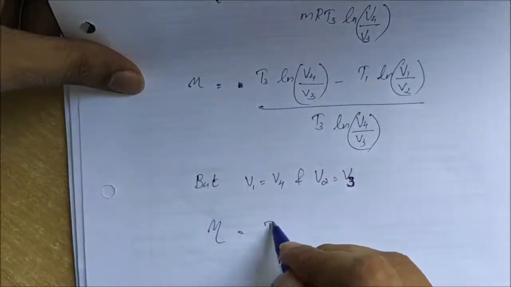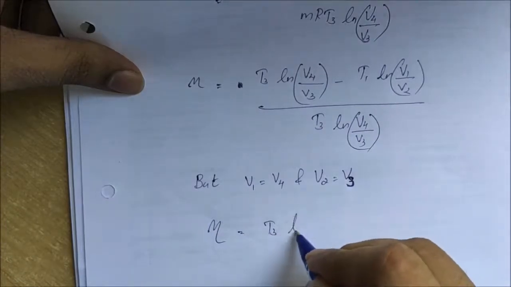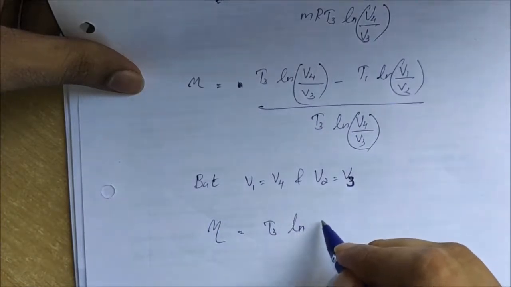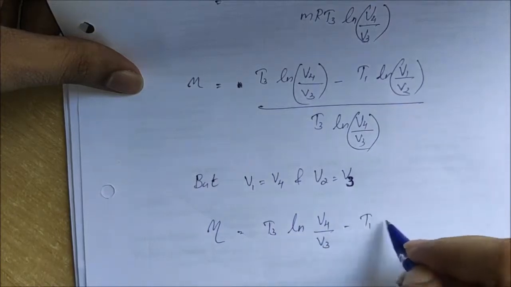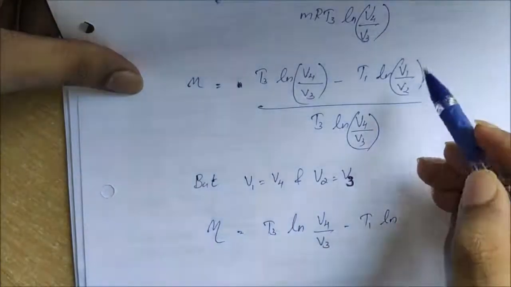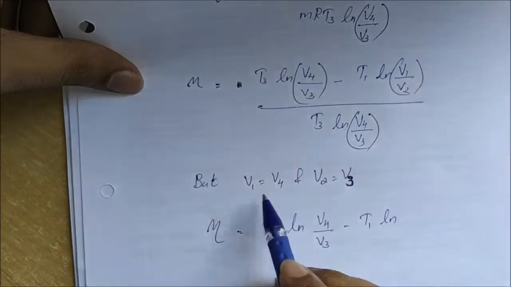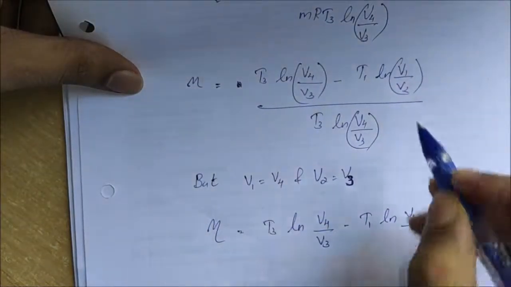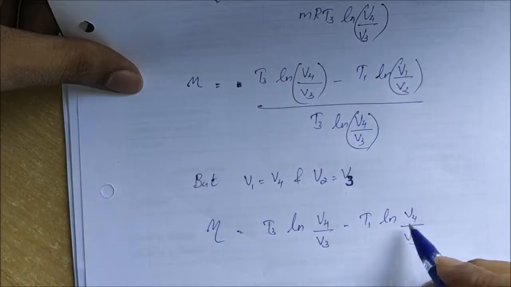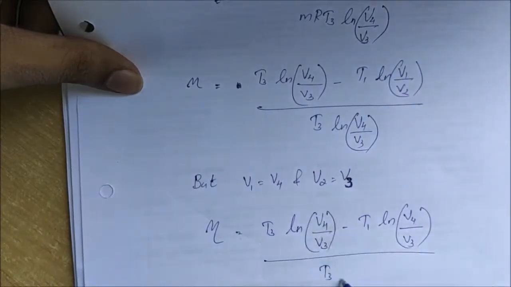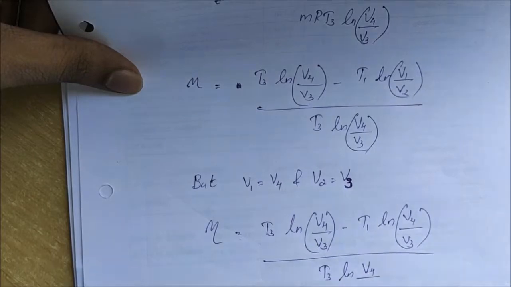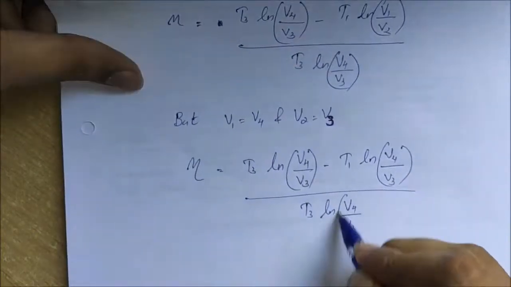So efficiency is equal to T3 into ln V4 by V3 minus T1 into ln, I can rewrite V1 as V4 and V2 as V3, so ln V4 by V3, divided by T3 into ln V4 by V3.